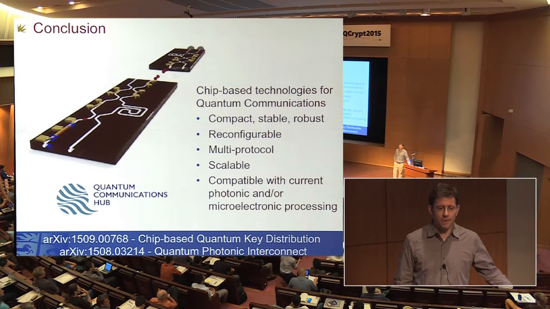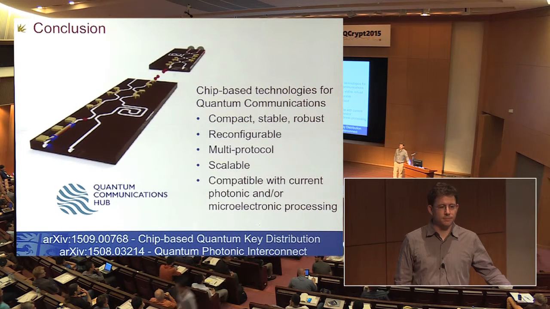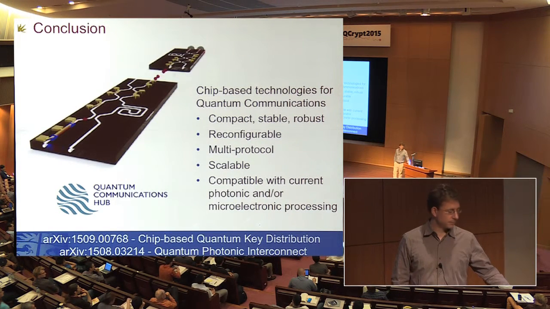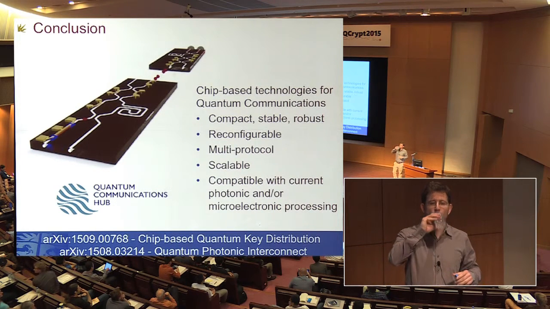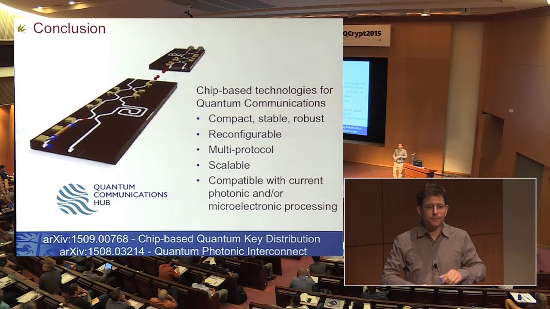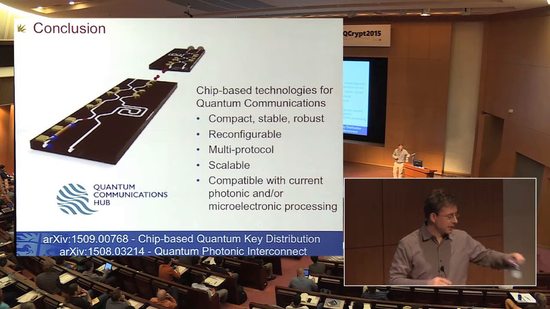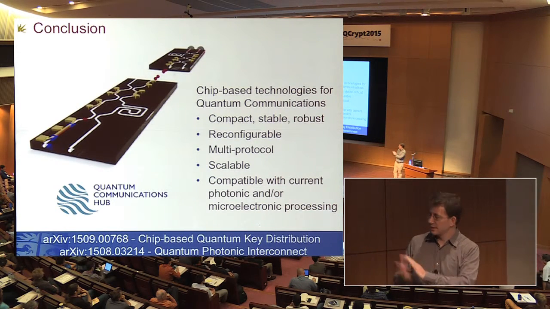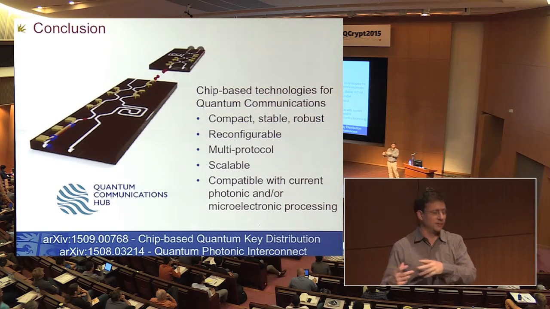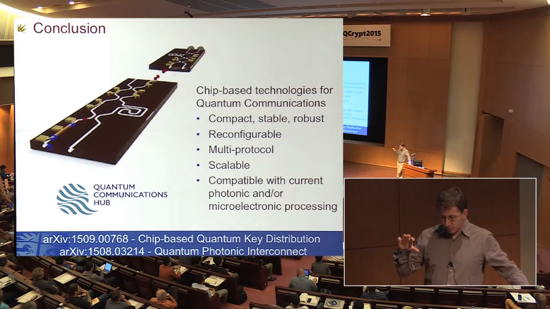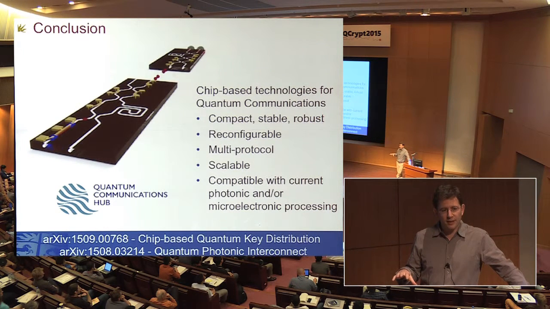Okay, further questions? Yes, please. Hi, I wonder how you stabilize your chip, or you don't need to. As I said right at the very beginning of the talk, because we're now writing these things inside a block of glass, effectively, you get massive stability gains from that.